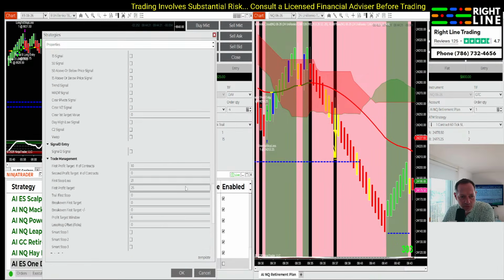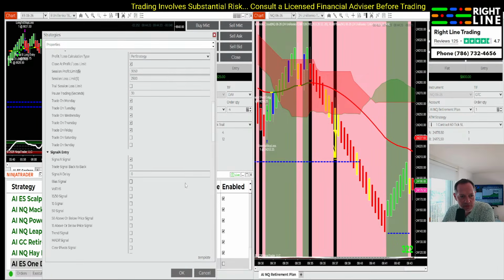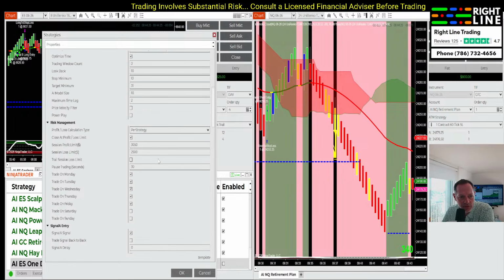But there are some real parameters that I would always look at first. If I'm going to trade, I go here and make sure that I have my trading plan that I want to execute today set up properly. So I make sure I know how much money I am willing to risk or lose, and then what I need for my profit goal for the day. I usually set those up here.